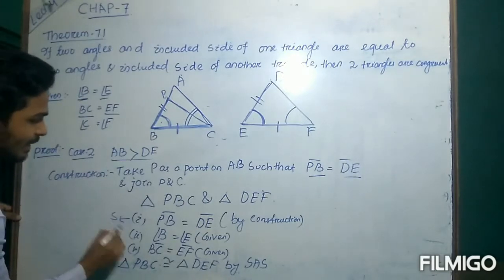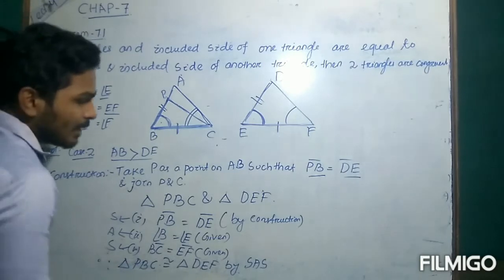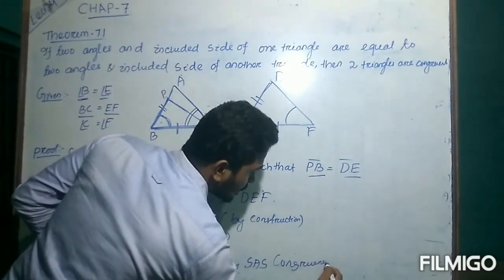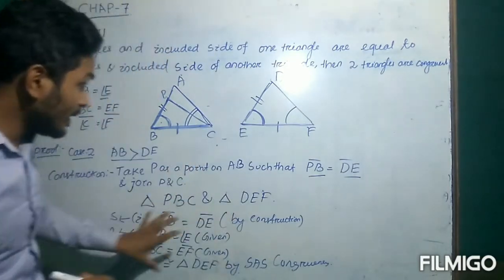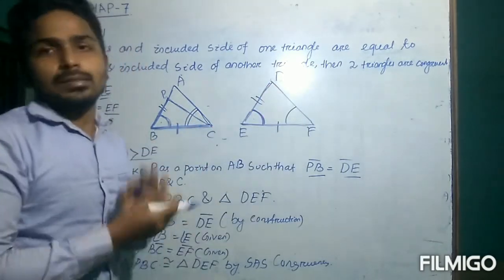See, this is side, this stands for angle, this stands for again side, by SAS congruency. Okay, so up to this it is clear. So here we have proved that this triangle is congruent to this triangle.